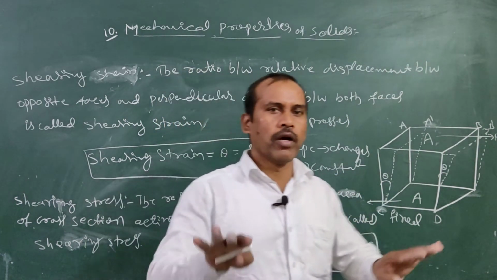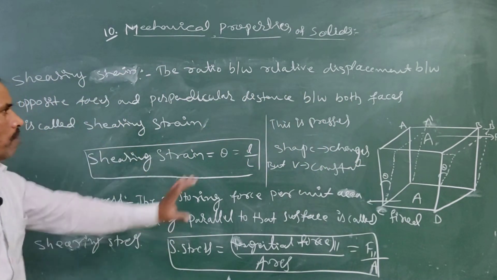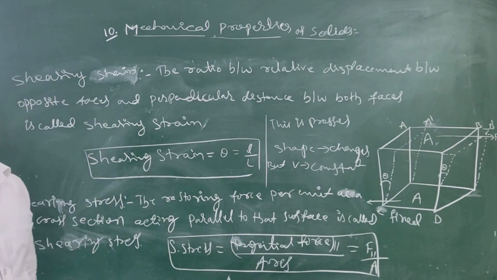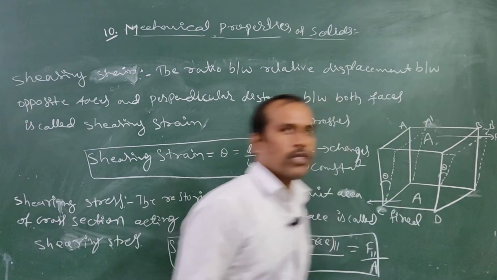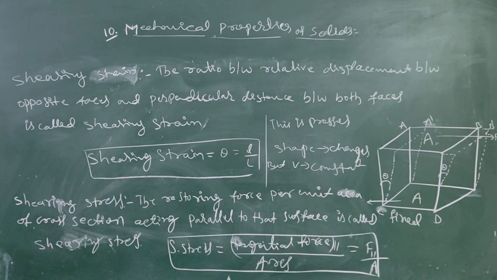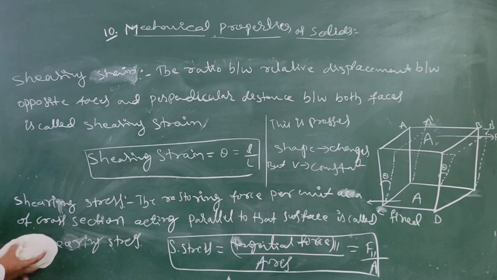Here the shape of the cube changes. So this is the information just for shearing rigidity or tangential rigidity. Note this one, just concept for NEET and mains.